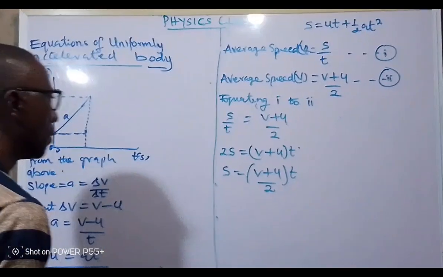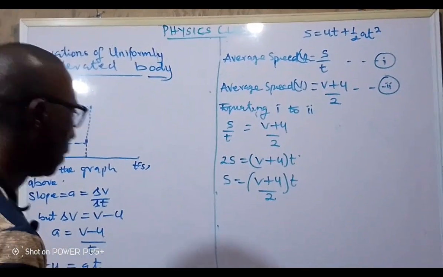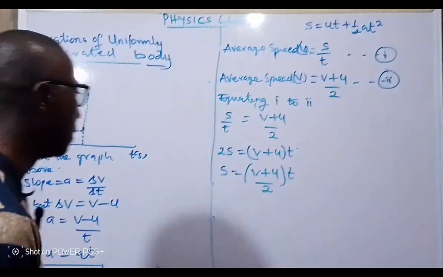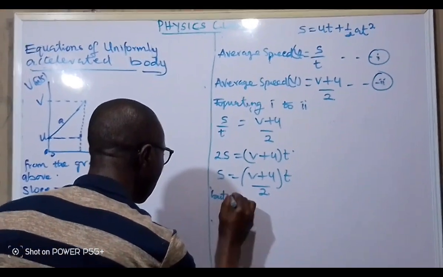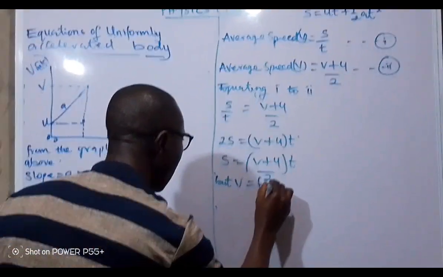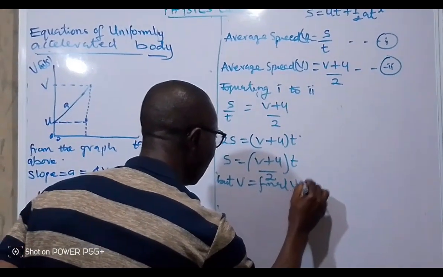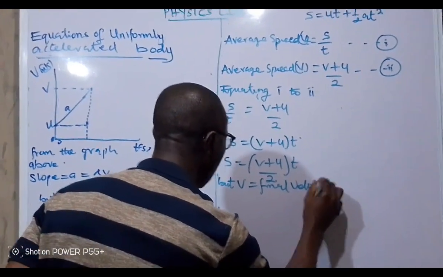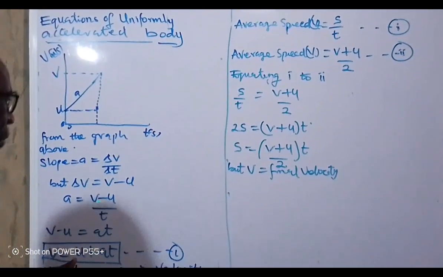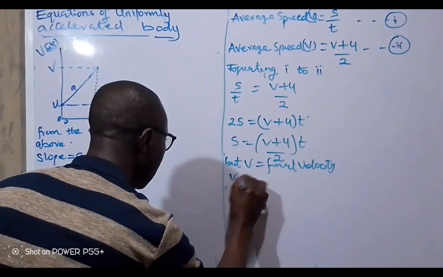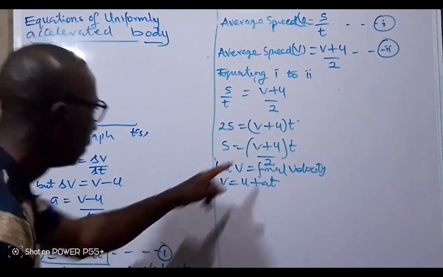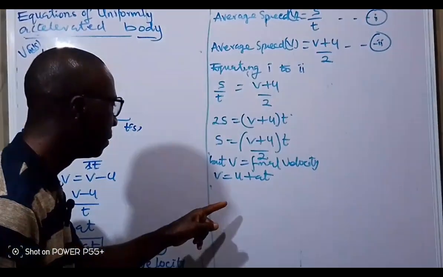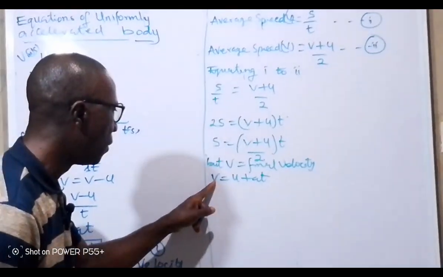And don't forget, this V is final velocity. And final velocity from equation 1 is what? V is equal to U plus AT. Now here, remove V, put the magnitude of V, U plus AT.